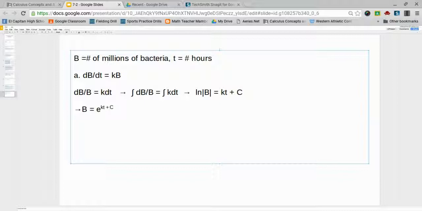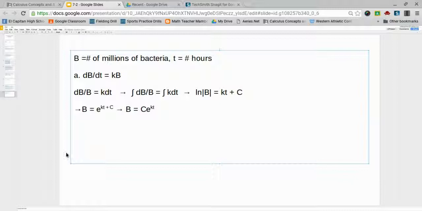And using the trick from last time, we know that b equals C, because this would become e to the c, and then e to the c becomes big C because it's just a constant, times e to the kt.